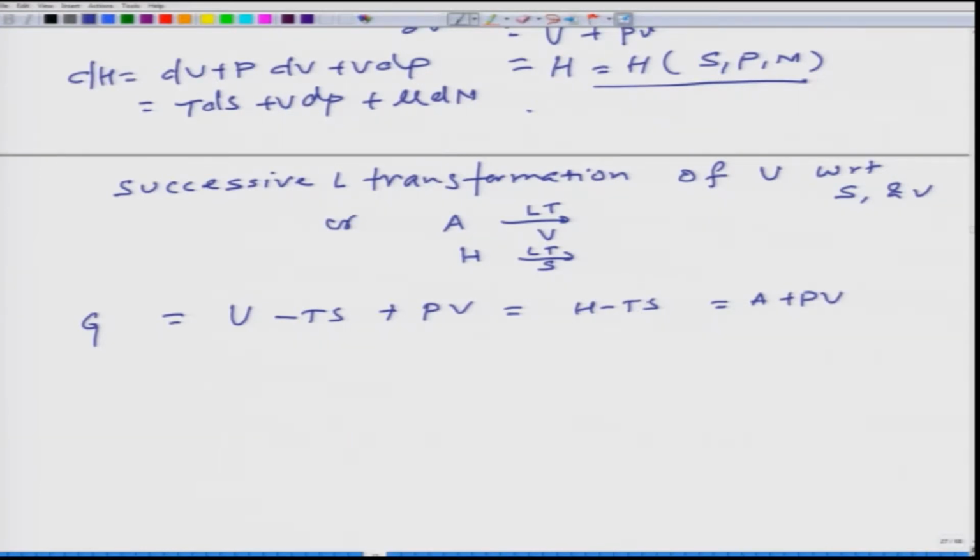You can get the differential relation as dG equals minus S dT plus V dP plus mu dN.